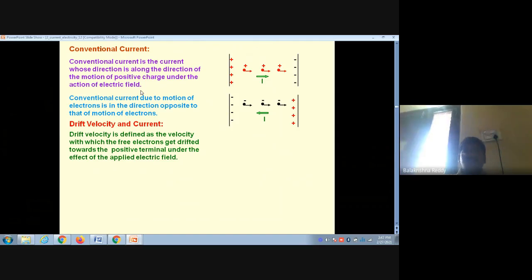Same way here, drift velocity is defined as the velocity with which the free electrons get drifted towards the positive terminal under the action of the applied electric field. That is called drift velocity.